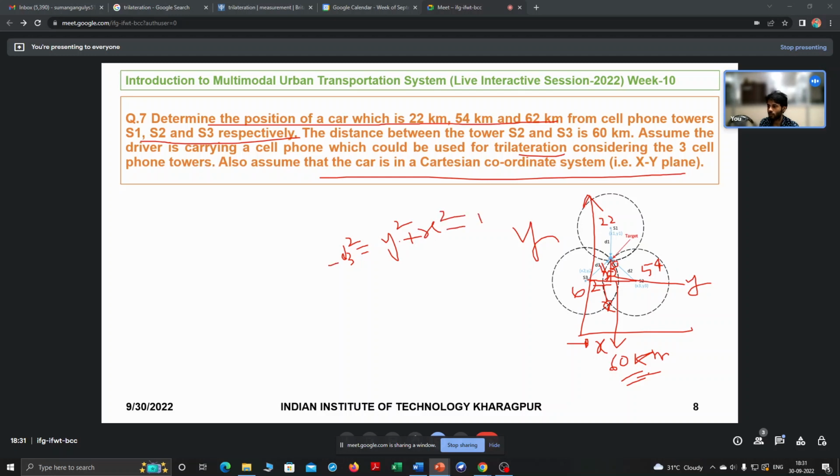This is equation 1. And from this triangle, you know this is 54, so this is D2. D2 square is equal to, now this distance is 60 kilometer minus x, considering x is in kilometer. This square plus your perpendicular y square.